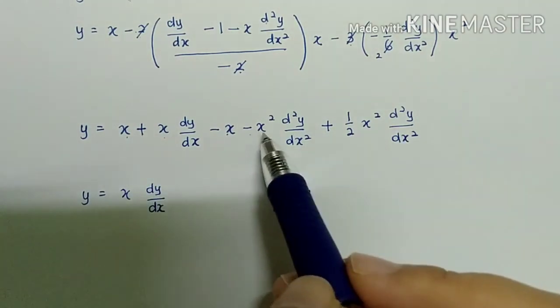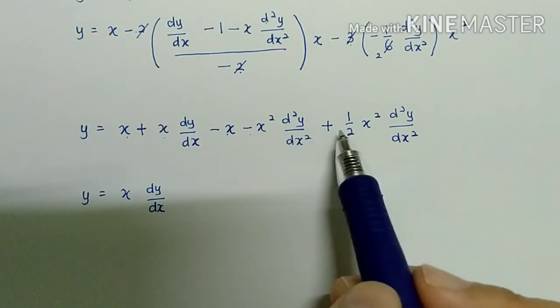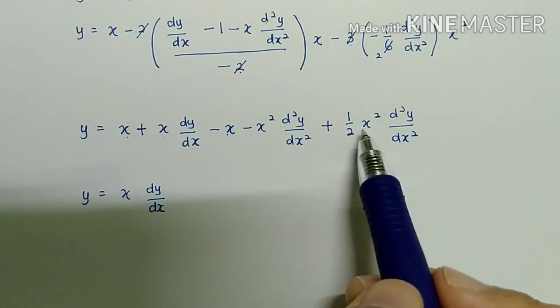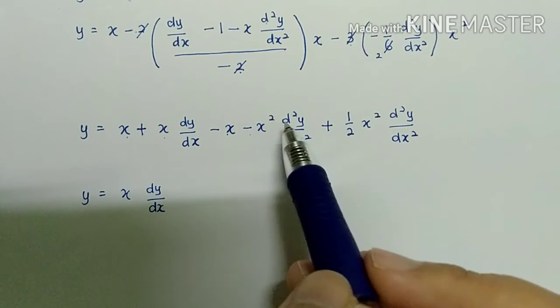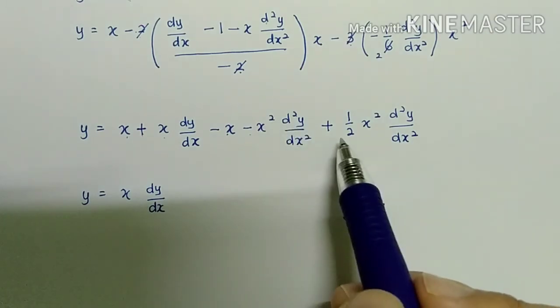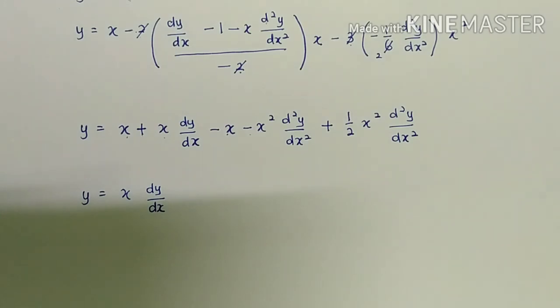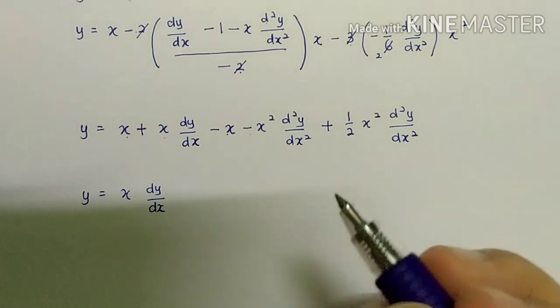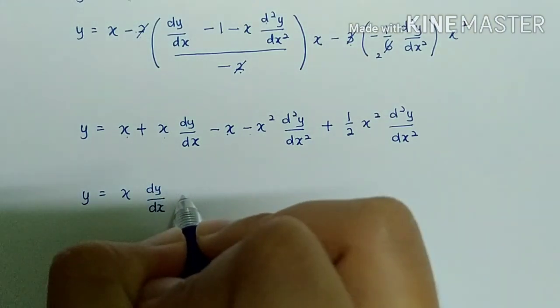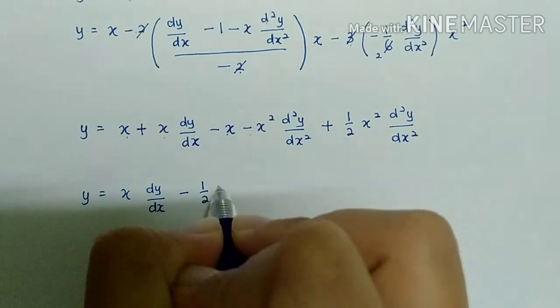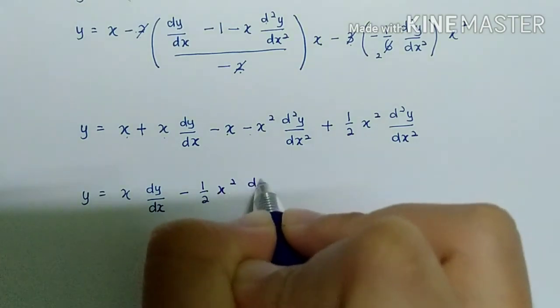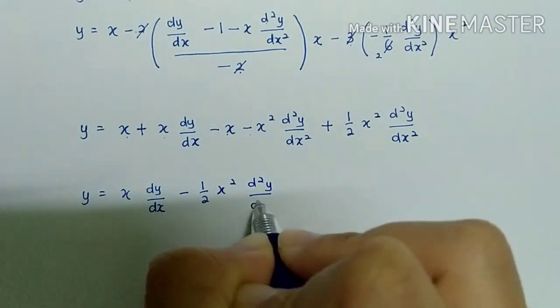And then we have negative 1 x squared d square y dx square plus 1 over 2 x squared d square y dx square. So we simplify, negative 1 plus 1 over 2 is equal to negative 1 over 2 x squared d square y dx square.